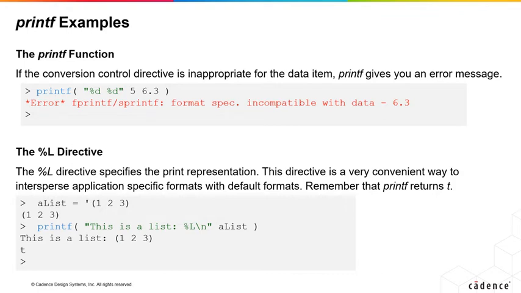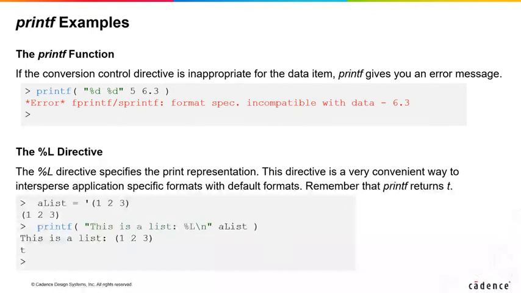In the second one here, we see the %L directive, which means we use the default. And it's a convenient way to intersperse application-specific formats with default formats. So in this case, we're going to be using it to print out a list. Printf, in fact, returns t after it prints out what you specified for it. So in this case, we create a list with the single quote function. A list equals quote 1, 2, 3.